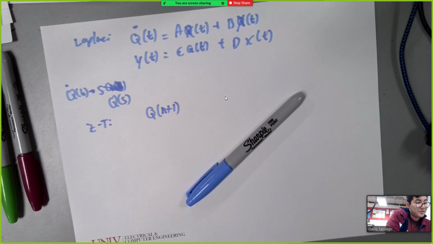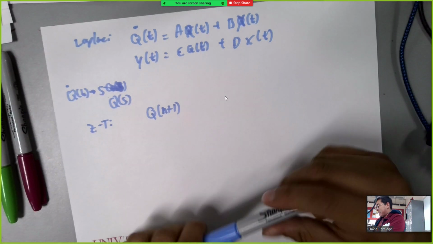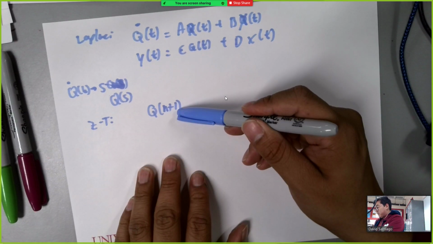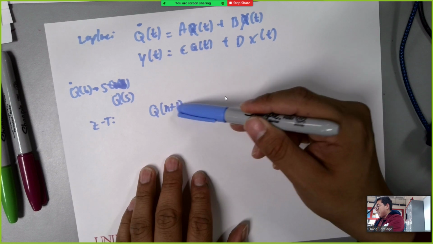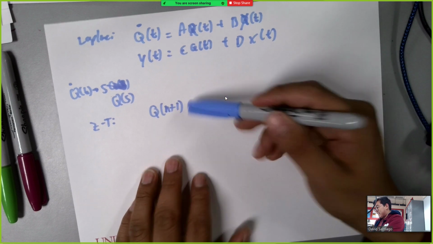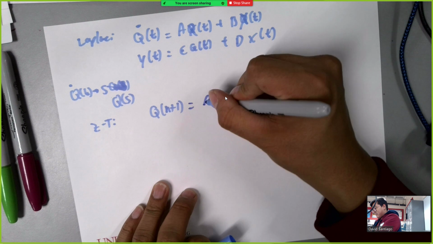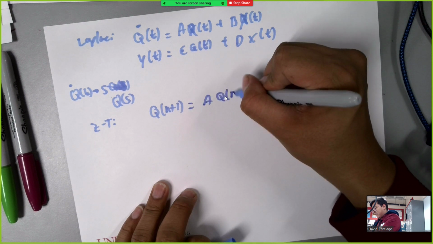Let me remember this. Should be a plus or should be a minus? Well, since we're dealing with next states, Q of n plus 1.